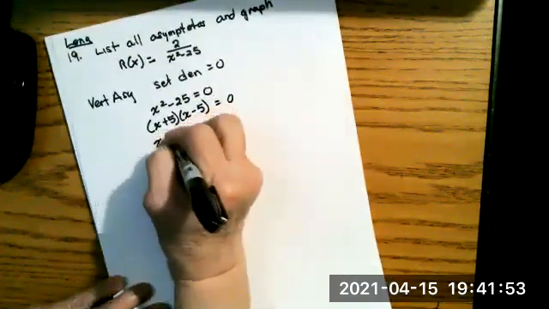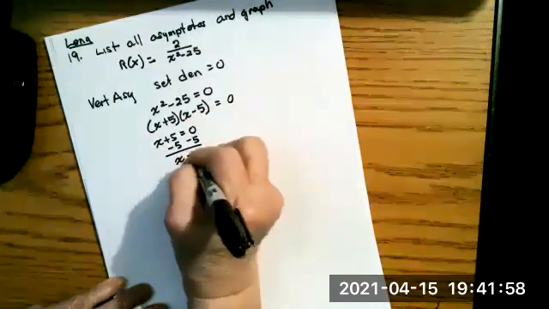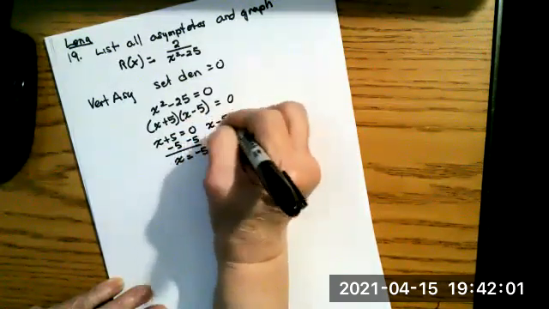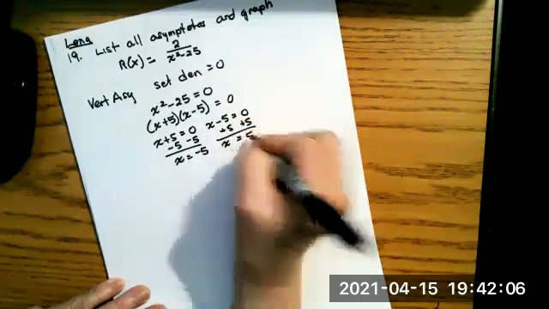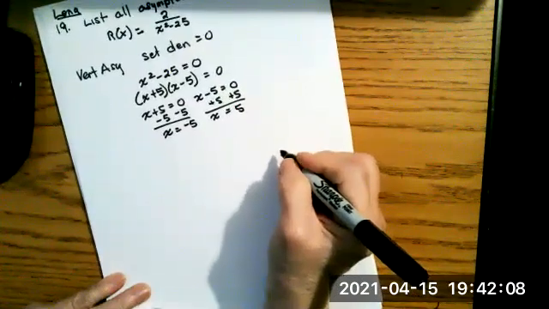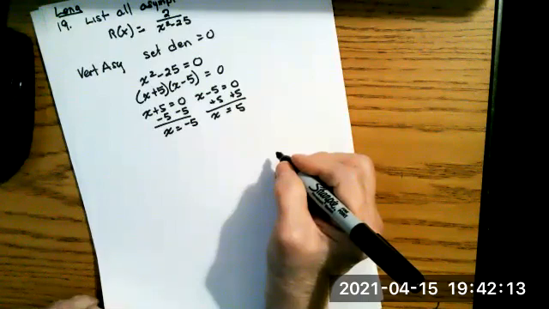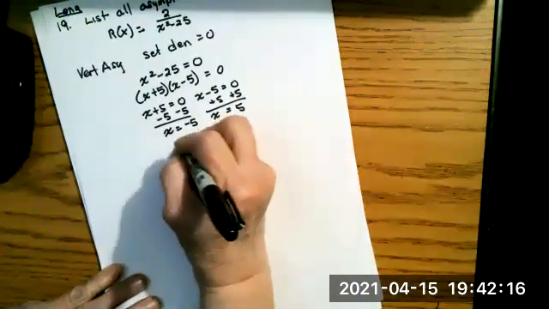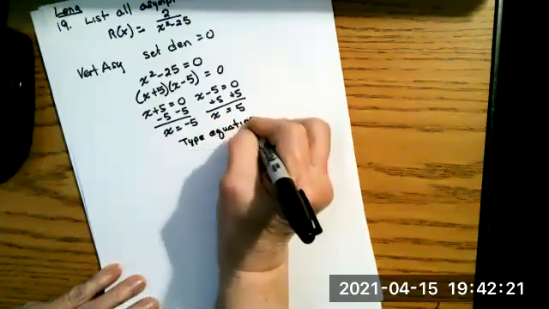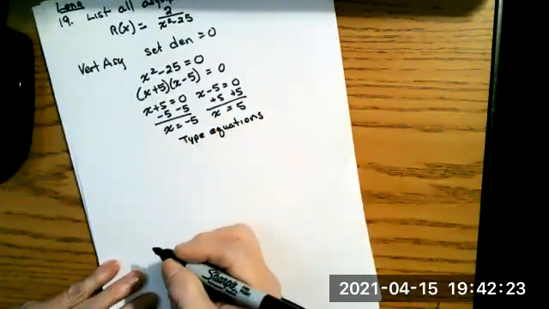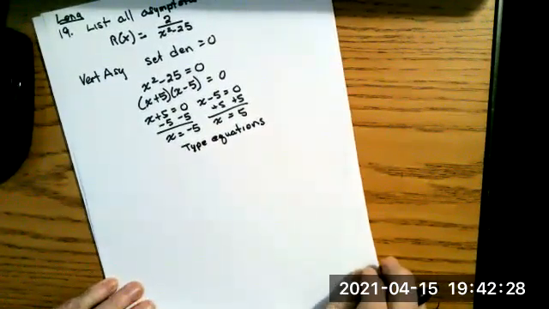So you have x plus 5 equal to 0, which gives you x equals negative 5, and x equals positive 5. Those are your two vertical asymptotes. Okay? Now be careful on those. It says type equations on this problem, so you'll have to put in x equals negative 5 and x equals 5.